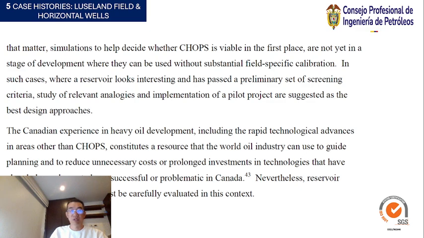Nevertheless, reservoir conditions in other areas must be carefully evaluated in this context.